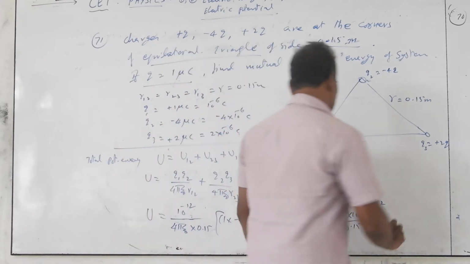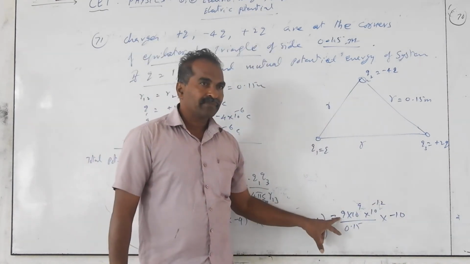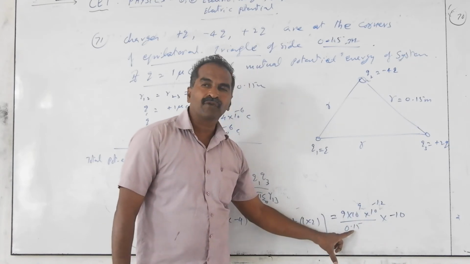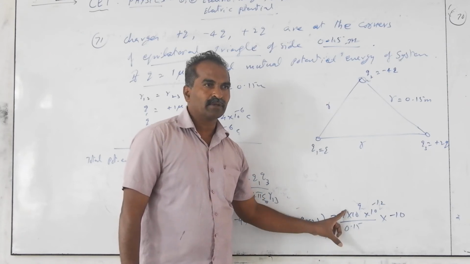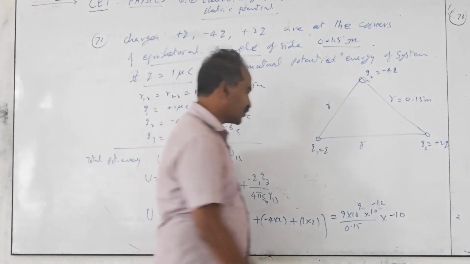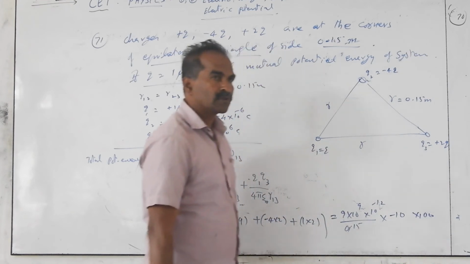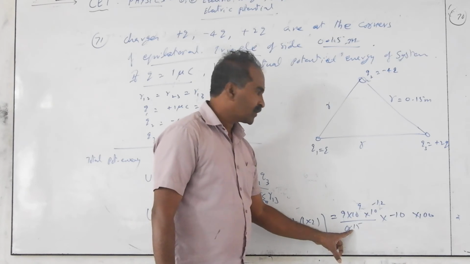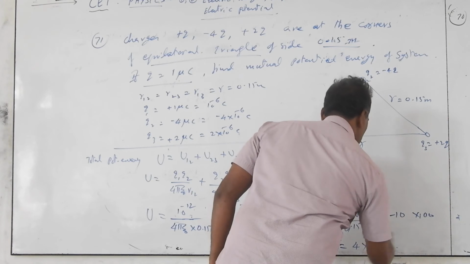Into minus 10 gives 90. 9 into 10 is 90. 90 by 15 is 6 times. Removing the decimal, 0.15 means 100 comes in the numerator.